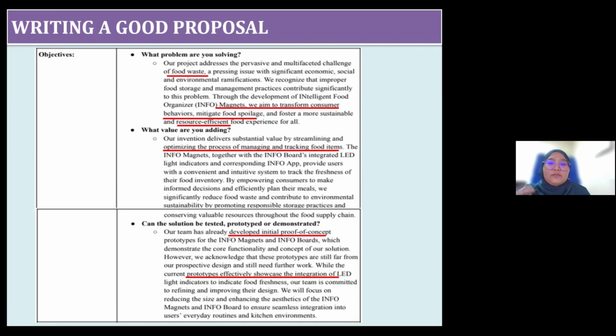So basically, in this part of their proposal, in the subcomponents of the objective, they have a good mark for this subcomponent as mentioned.